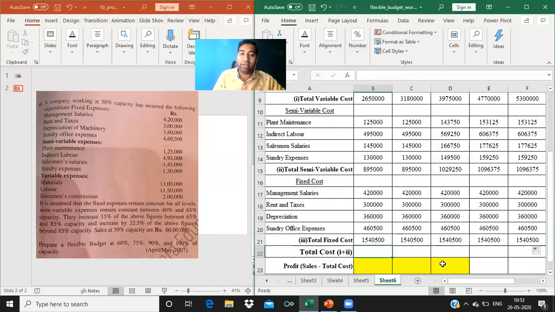Next, we need to calculate the total cost. In the previous problem, we were adding only the total fixed cost and total variable cost. Here, we need to add the semi-variable cost also. So it will be the sum of total variable cost plus semi-variable cost plus fixed cost.